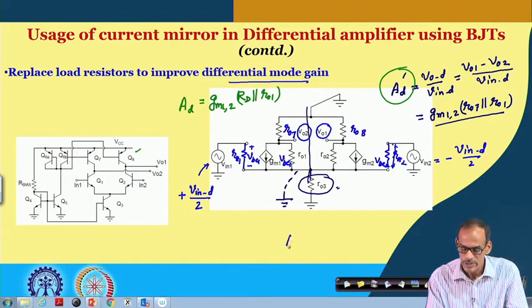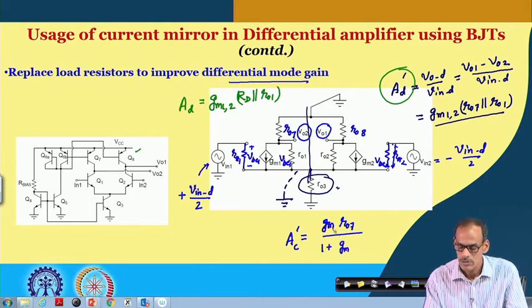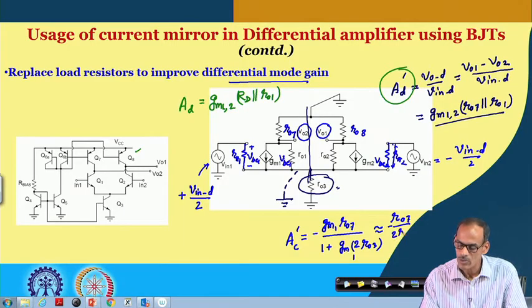So, just for completeness, the modified common mode gain becomes minus G m into R o 7 divided by 1 plus G m into 2 times R o 3, which is approximately equal to R o 7 divided by 2 R o 3.